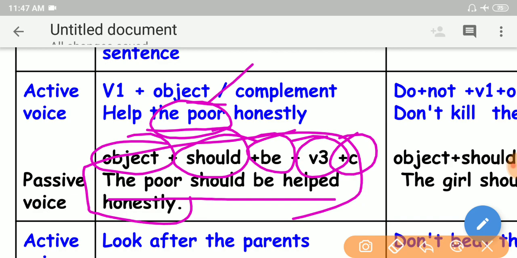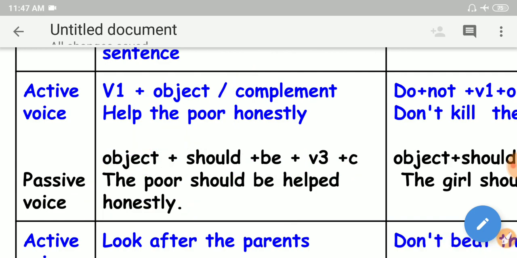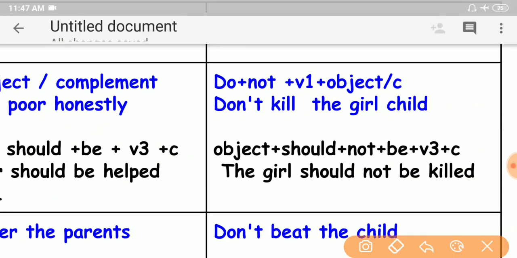If there is no human being, generally we could use let. For example, instead of "Help the dog honestly," "Let the dog be helped honestly" can be used. Here poor is used for human beings, that's why we must change it into "The poor should be helped honestly." Like this, negative also.